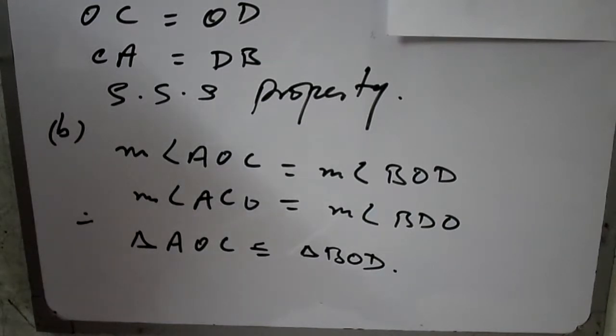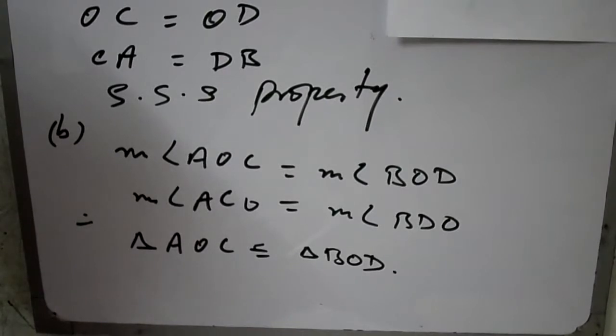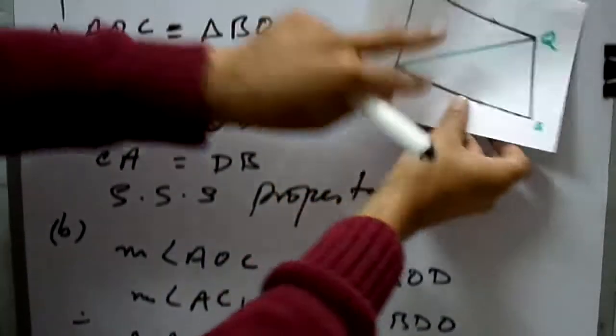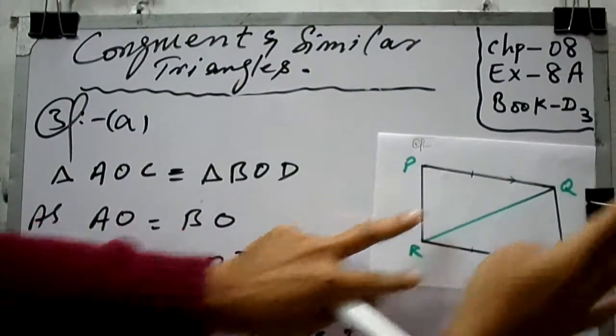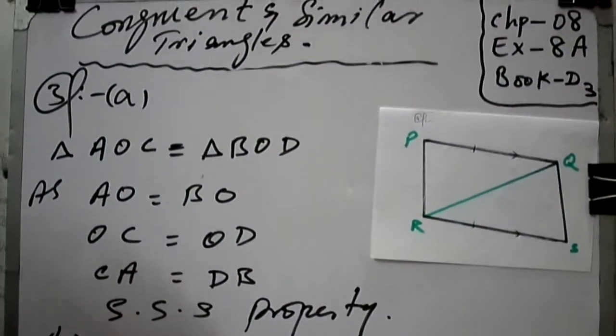Now coming to the next question, question number 4. In the diagram PQ is equal and parallel to RS. Identify two congruent triangles and state the case of congruency. A similar type of question, you can see the diagram here.